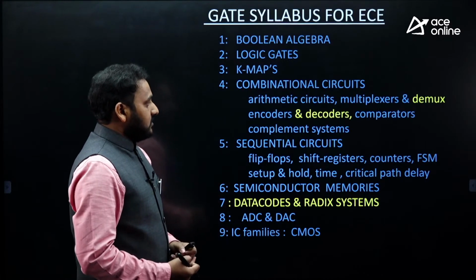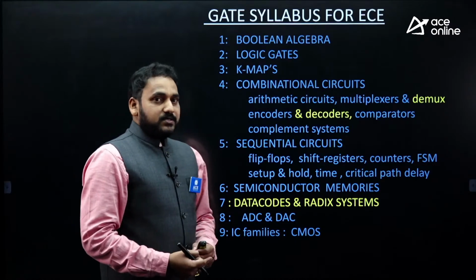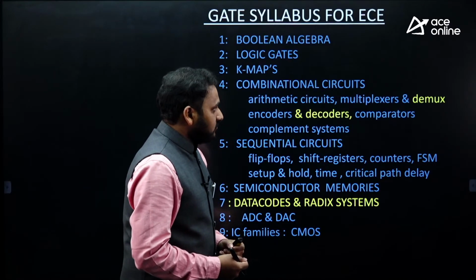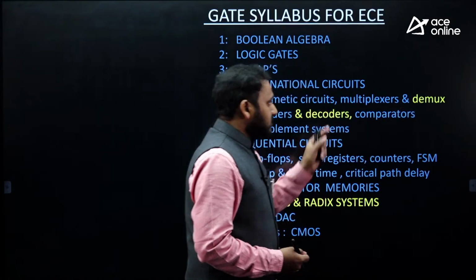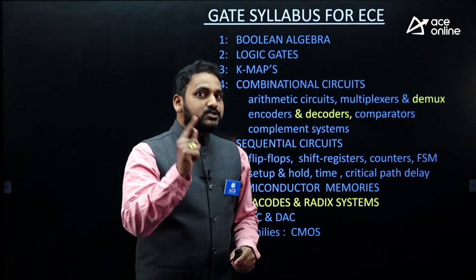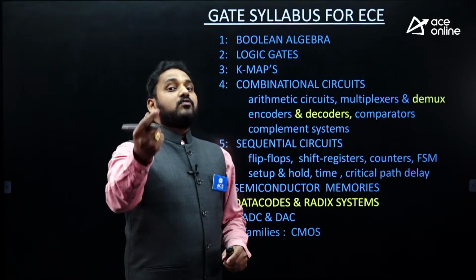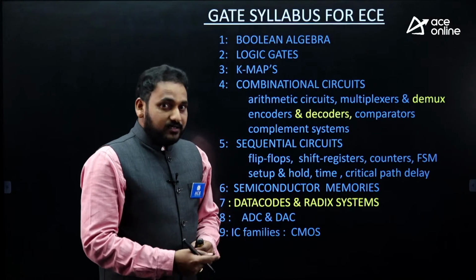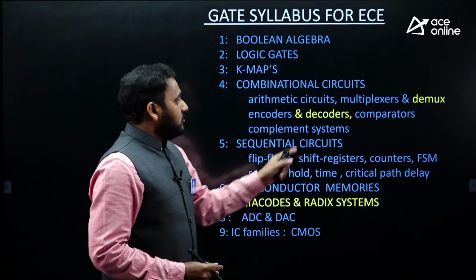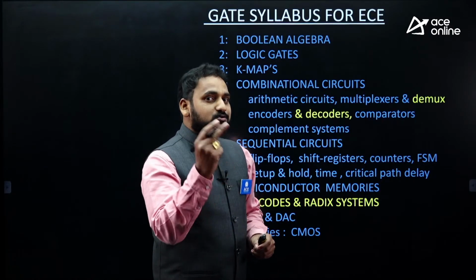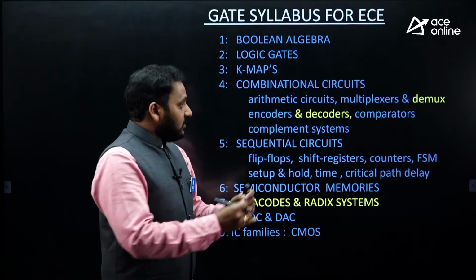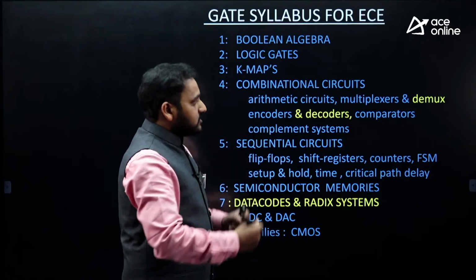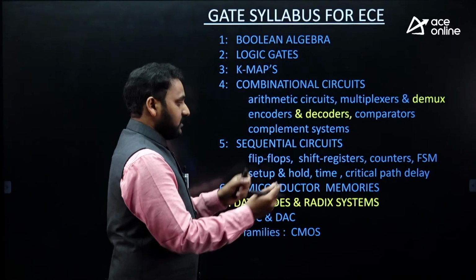For example, in the recent GATE paper, there was one question on designing a 1:8 active low output type demultiplexer using 2:4 decoders.